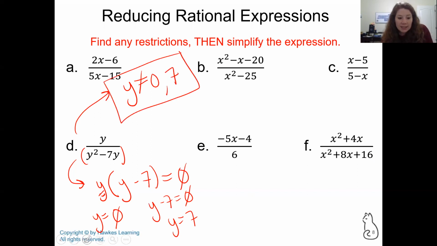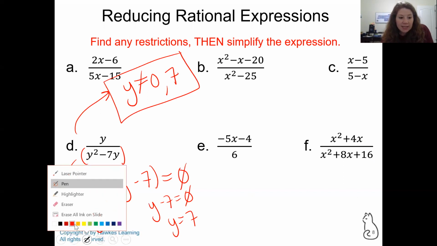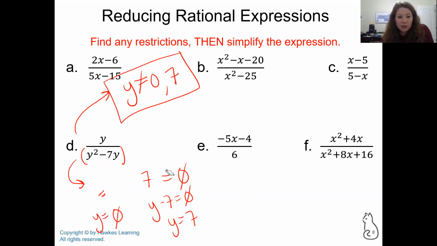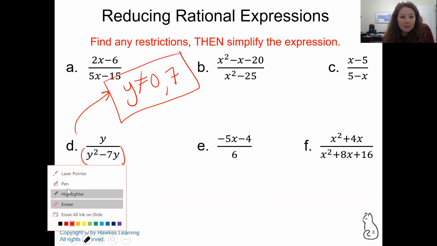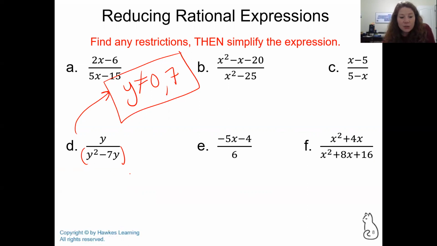All right. So let's now simplify it now that we know what our restrictions are. So the numerator is just y. Our denominator is y times y minus 7.